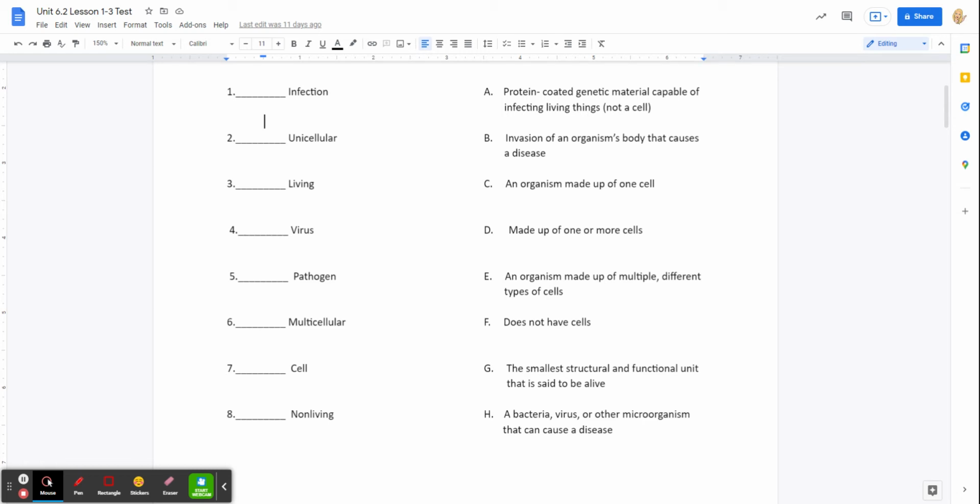And the last one, H, a bacteria, virus, or other microorganism that can cause a disease. A bacteria, virus, or other microorganism, or maybe a fungus, that can cause a disease.